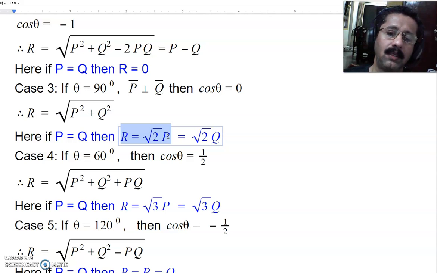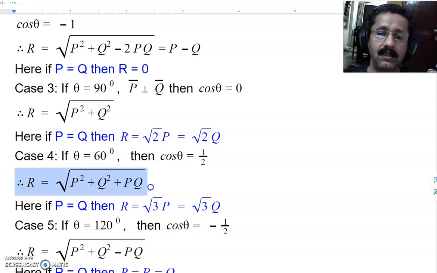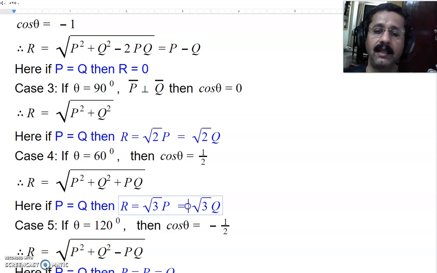And that too when the two vectors acting simultaneously at the same point are of equal magnitude, like P equal to Q and theta equal to 60 degrees. This equation would be R equal to root of P squared plus Q squared plus once again P squared, or 3P squared or 3Q squared. So it will be root 3 times P or root 3 times Q.